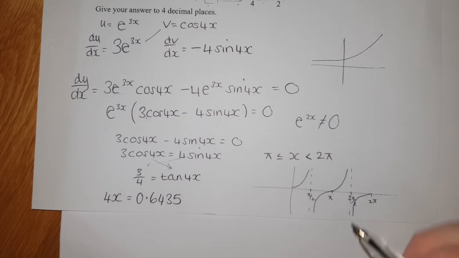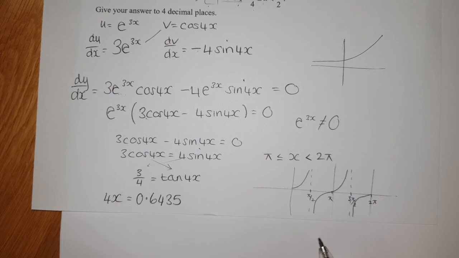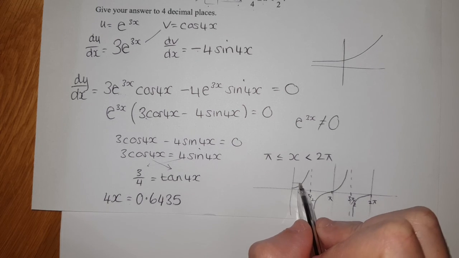So that's what your graph looks like. We're only looking within the region pi and 2 pi, and we've got a result of 0.6435. So that's that value there basically.